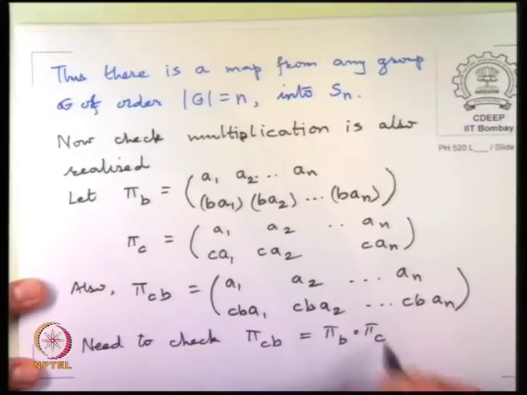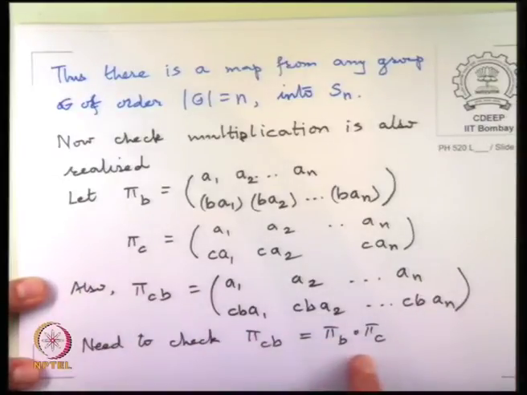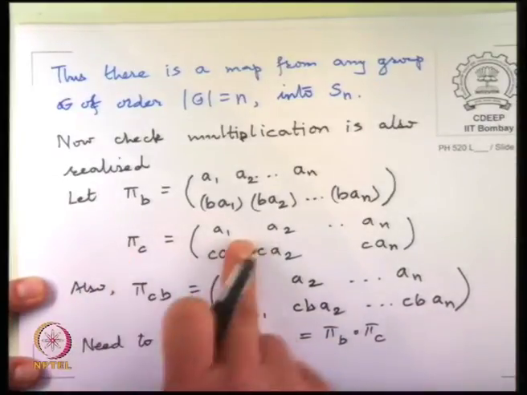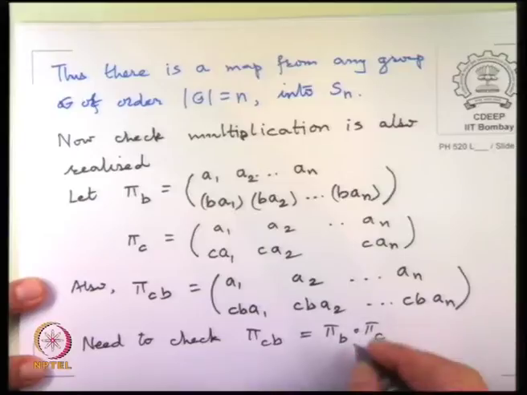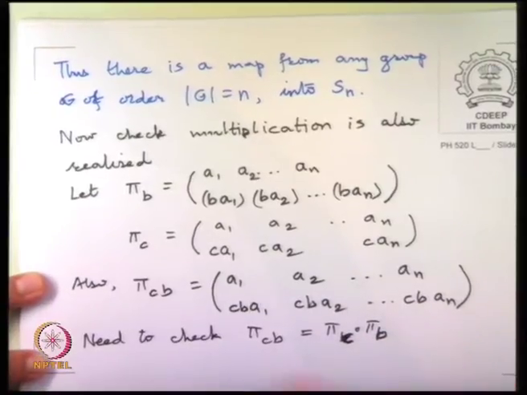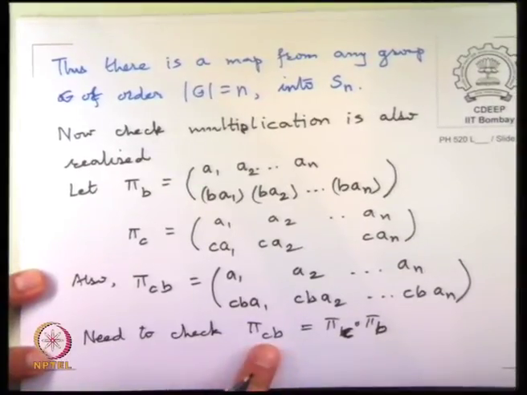So in group theory we have to remember to write it like this. It's pi C, so C will act first, then B will act. So pi Cb we should have, no, so we have to multiply pi C times pi B, I'm sorry. Same order as this. So B will have to act first and then C, then we should reproduce the action of Cb on this.